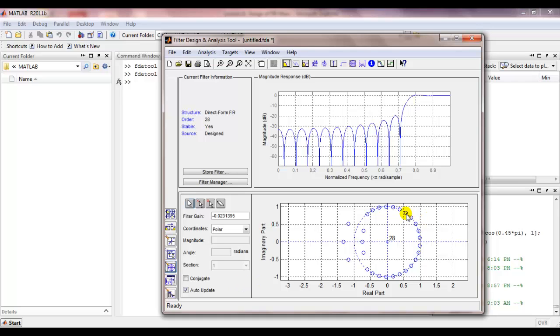So for every 0 on the unit circle, you have a conjugate, the negative phase of that. Anything outside the unit circle, this 0 corresponds to 3 other zeros. This 0 corresponds to this 0 and this 0. Whereas anything on the real axis or on the unit circle, 1 0 corresponds to one other 0.